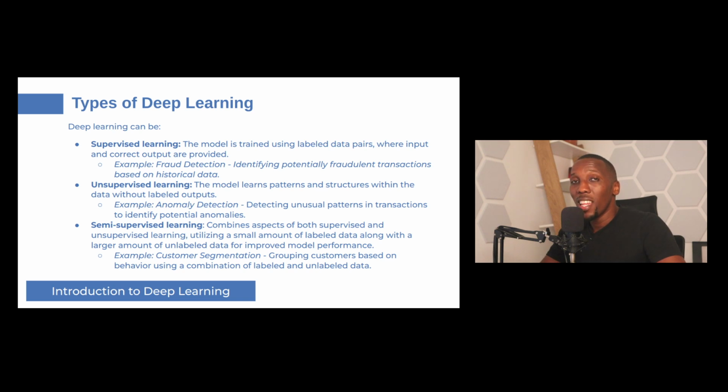On the other hand, there's unsupervised learning, where you don't train a model, but the model tends to learn from the data that it has been given without a training process happening. So that's usually unsupervised learning. On the other hand, there's semi-supervised learning that combines both supervised and unsupervised approaches.